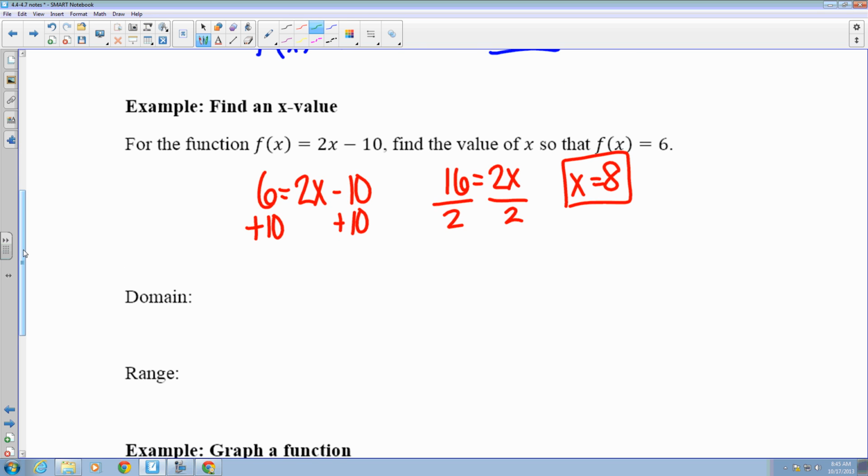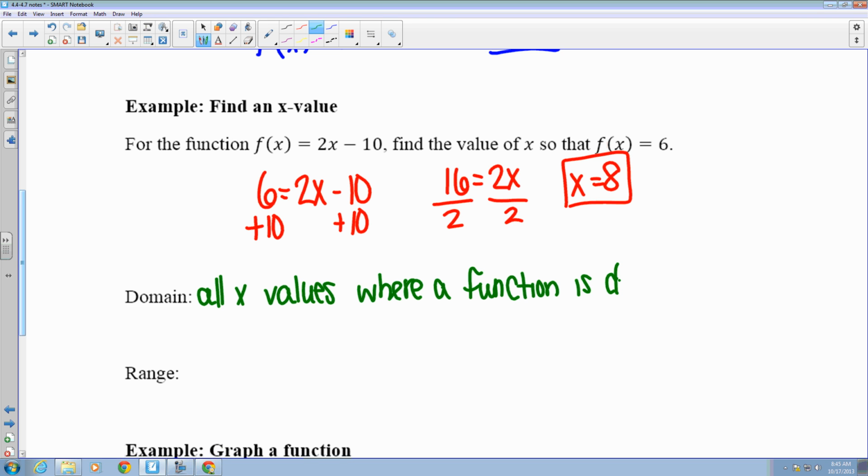Okay, domain and range. We know what these are. We've used them several times. The domain is all the x values. We knew that. Where the function is defined. So the domain is all the x values, and the range is all the y values.